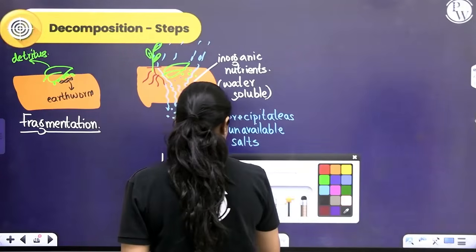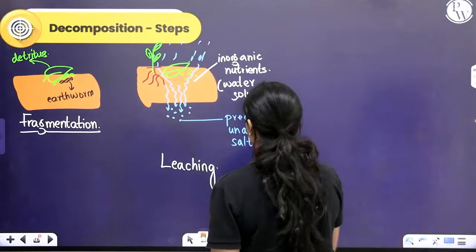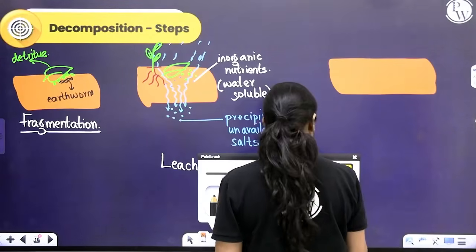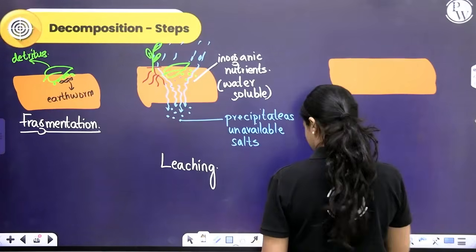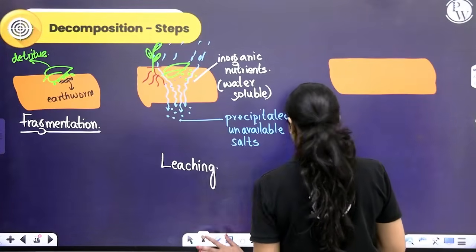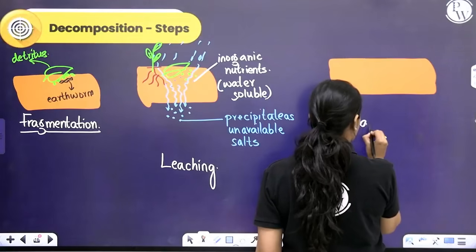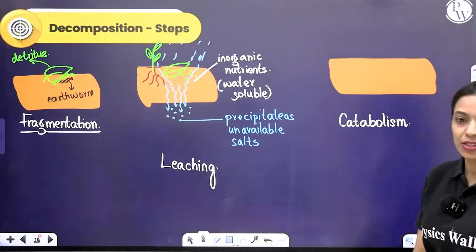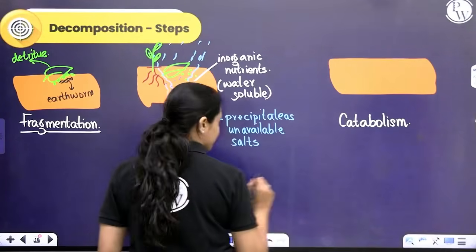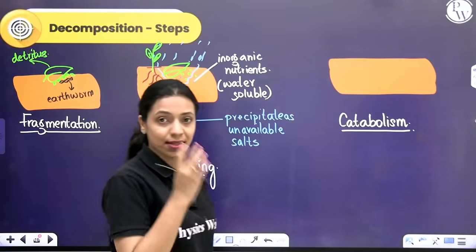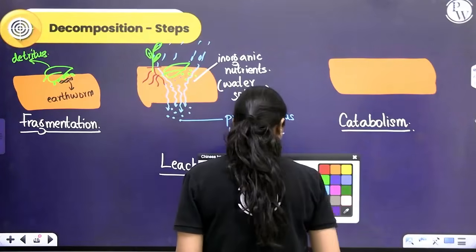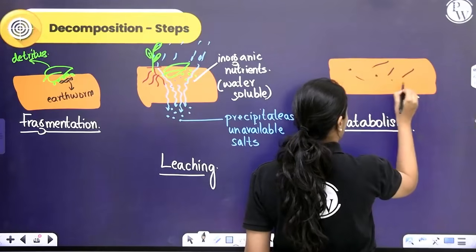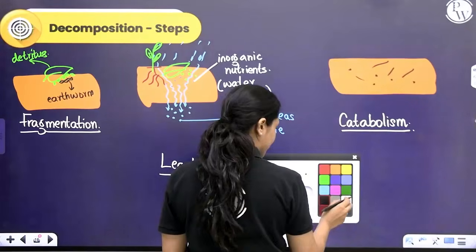Now what happens next, or another step that we can see here in decomposition, is called catabolism. So what happens during catabolism? In the soil, there will be many heterotrophic microbes. There will be fungi and there will be bacteria, let's say, right?